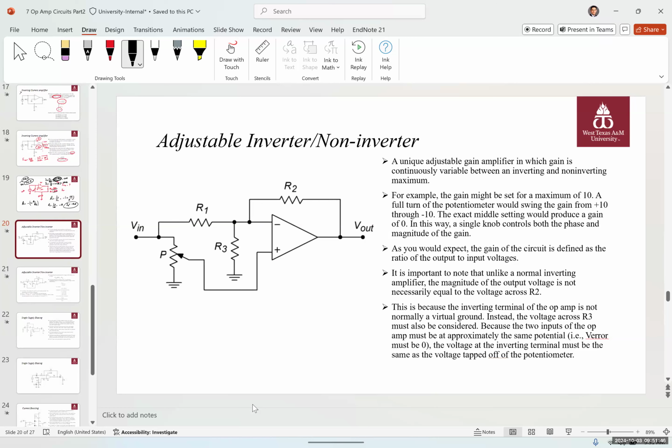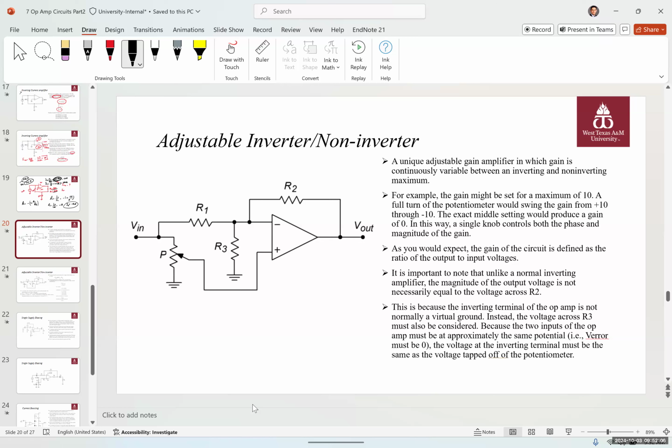Okay, so another type of amplifier that we have is called the adjustable inverter, non-inverter amplifier. This is a very unique and interesting amplifier.